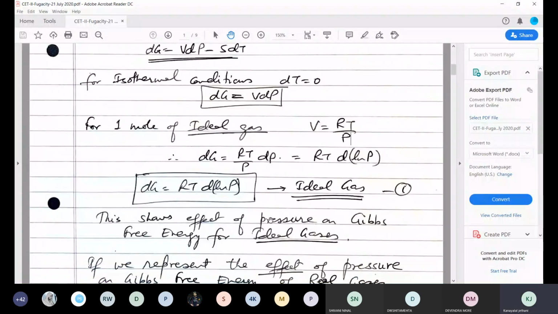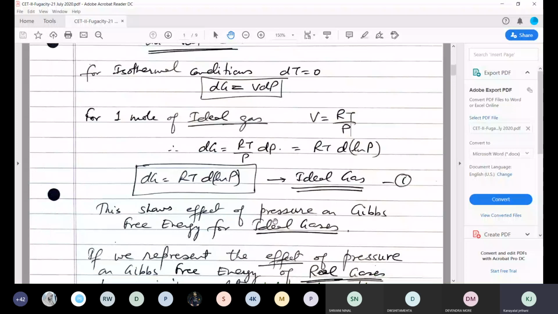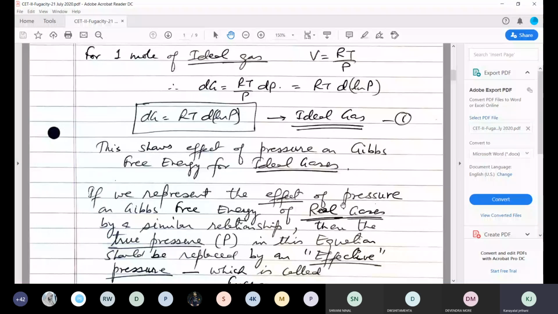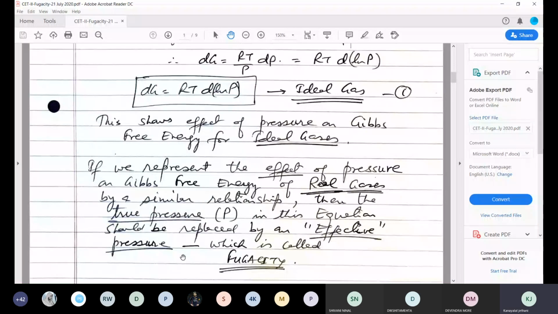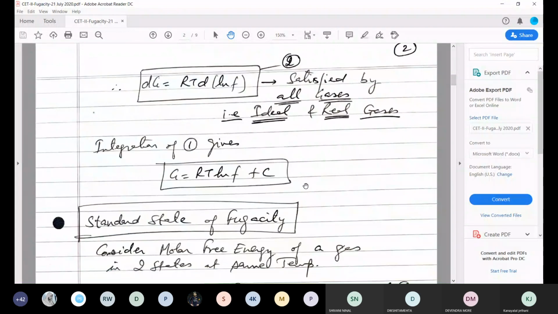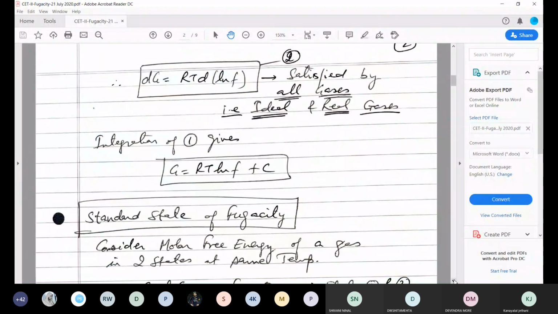But for real gases, we cannot use pressure because pressure is not a correct indicator of driving force. So we define another term which is called effective pressure, and that is called fugacity. Okay.